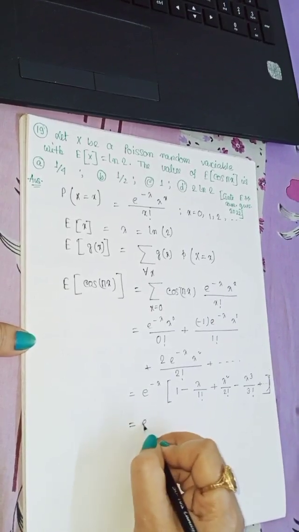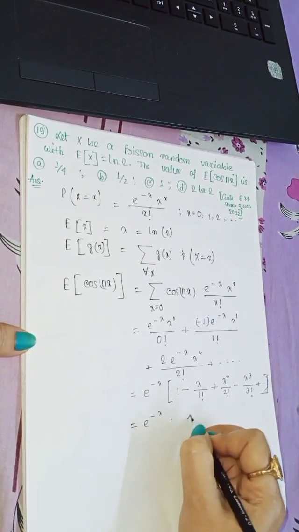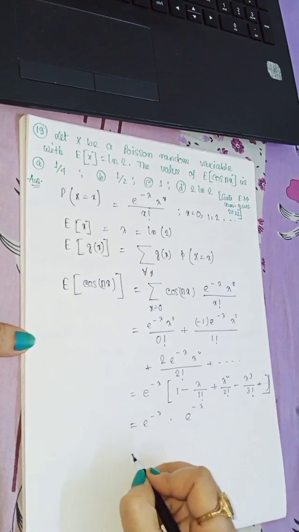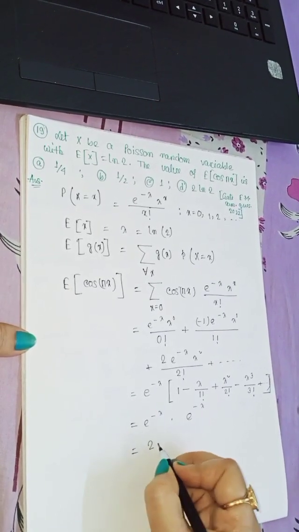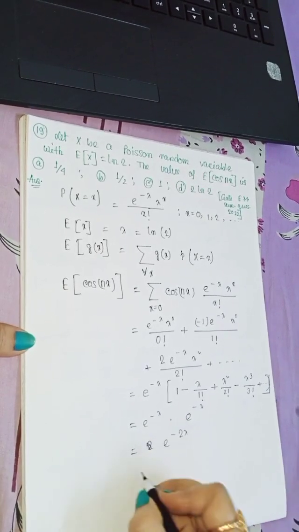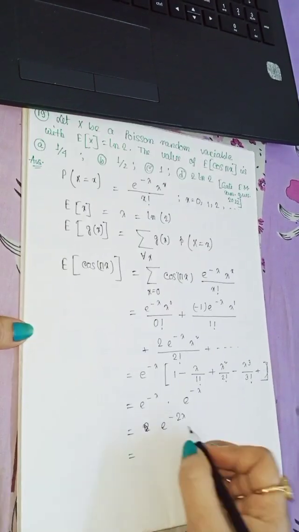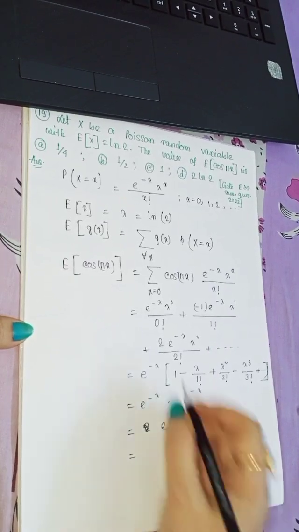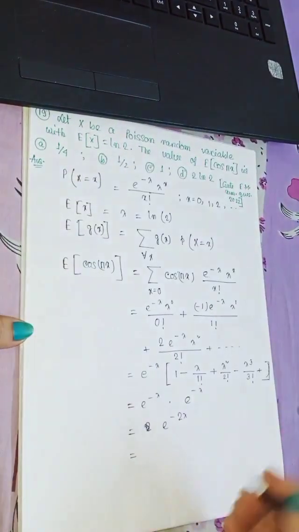So we know this series is equal to e to the power minus lambda, so the whole thing is e to the power minus lambda into e to the power minus lambda, which we write as e to the power minus twice lambda. Here we know the value E of X is equal to lambda, which is ln 2.